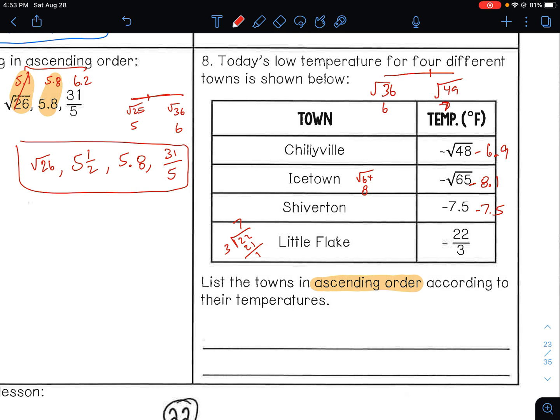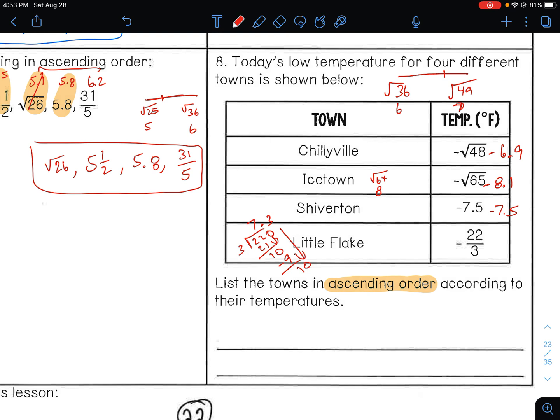And we add a decimal. Bring that down. 3 goes into 10 3 times. So we have 7 point, and we end up with a 3, and we end up with a 1, and then it just kind of keeps repeating. So negative 7.3. I think that's enough information.